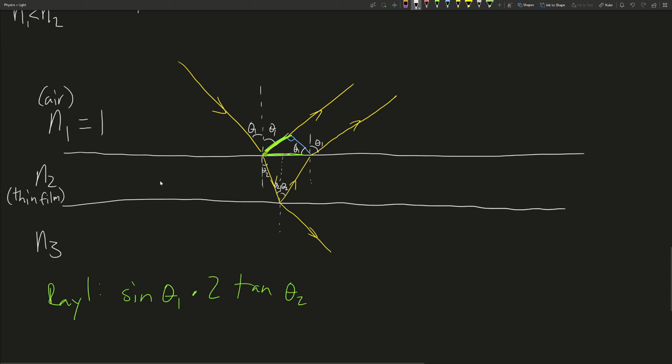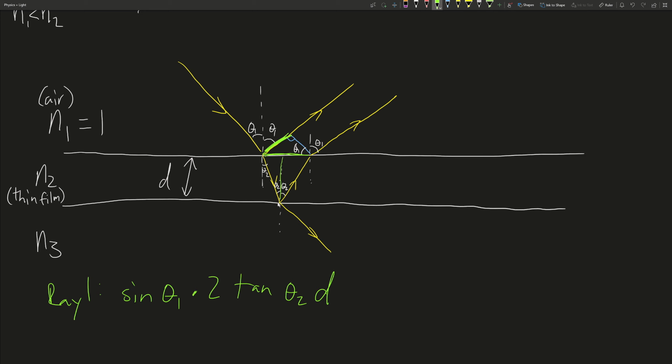And so the thickness of this film, let's call it d, this green length right here on the bottom is going to be equal to 2 times the tangent of theta 2 times d, because this length right here is also d.